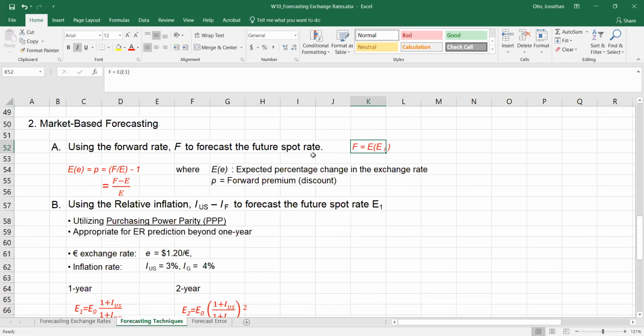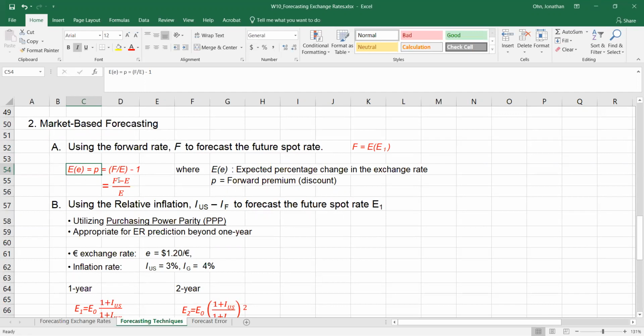So we can use this parity condition. If you use F as an unbiased estimator of future E1, then F minus E divided by E is the unbiased estimator for the expected percentage change in the exchange rate.